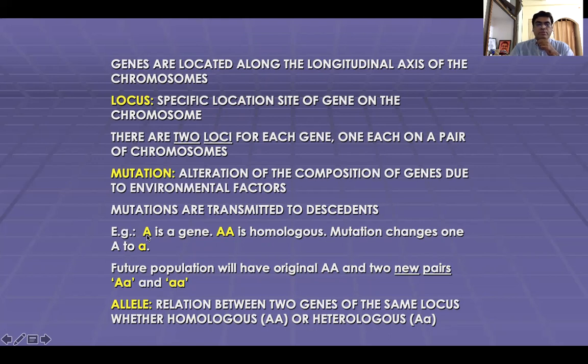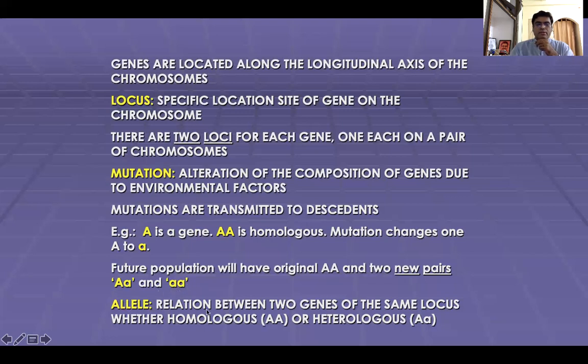Example, if capital A is a gene and two capital A's combination is homologous, and if a mutation changes one capital A to a small a, the future population will have the original capital AA combination and two new pairs, that is capital A small a combination and two small a's combination.